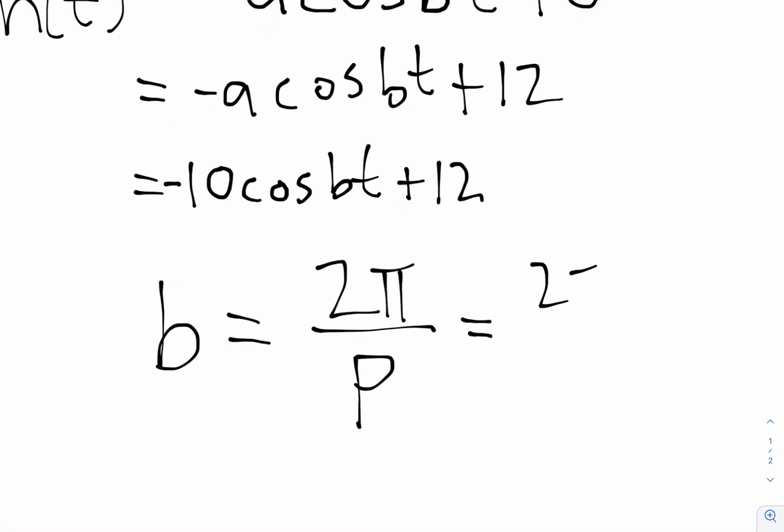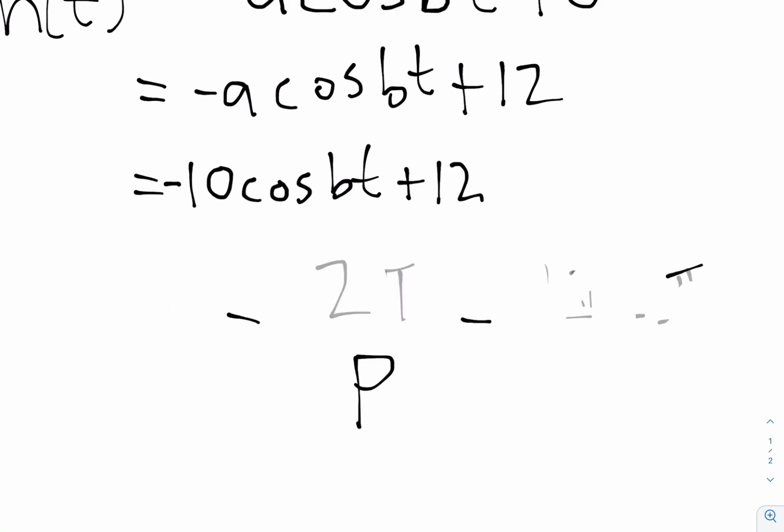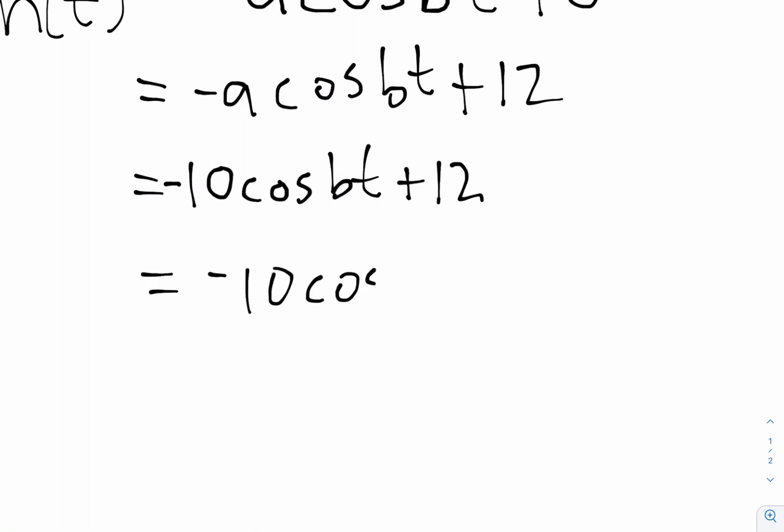So it's going to be 2 pi over 48, which is pi over 24 once we simplify this fraction. So pi over 24 is going to be our b value. Okay, so our final function is going to be negative 10 times the cosine of pi over 24 t plus 12.